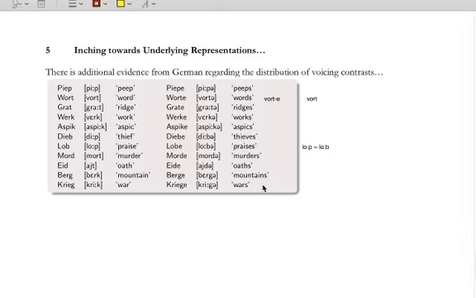So in order to figure out what's going on in terms of contrast, we're going to need to look at the more informative context. Because there are more possible sounds that can appear in this one, it has more information than this one. So this is one of the first principles of morpho-phonological alternations. To find representations, you need to look at the more informative context.